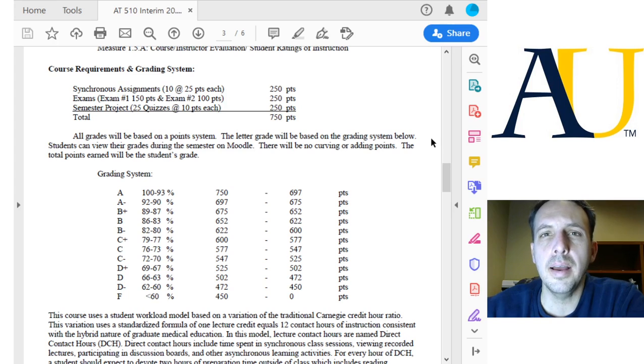We will then also have these synchronous assignments that we'll do. So we will meet together either virtually, or if some would like to get together and meet up in the lab, we can do that as well. But what we're going to do during these is really focus on that clinical decision-making component.